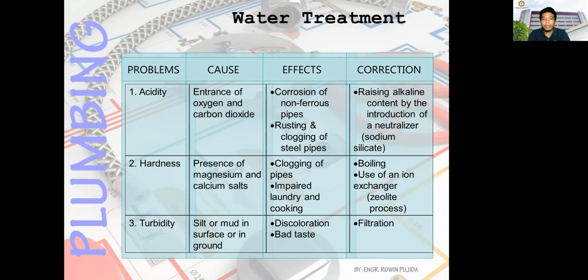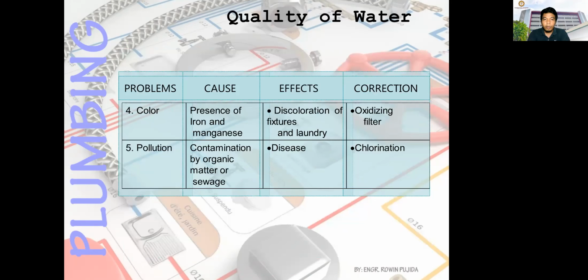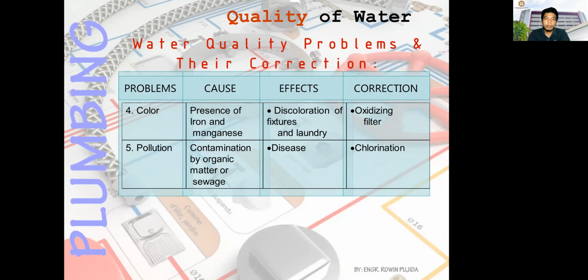You have the acidity of water, the hardness, turbidity, the color, and also pollution. These are the water quality problems and their correction. You can see the problems and how you can correct them for that particular water quality problem.